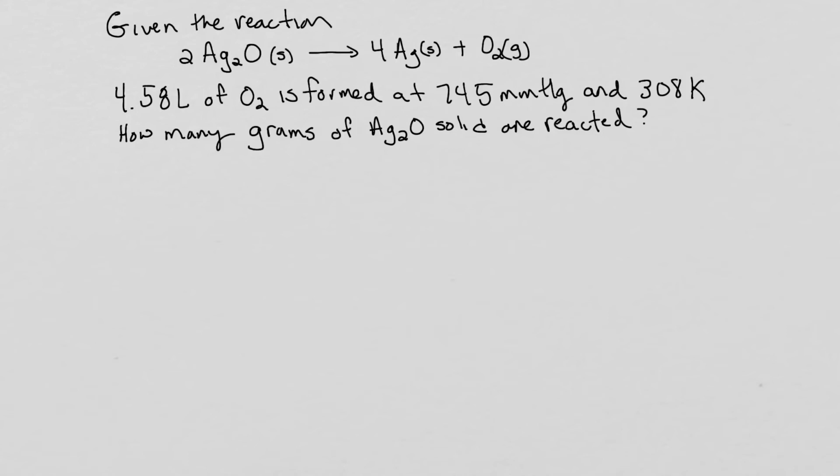So if we draw out our plan here, we're given the gas conditions. We're given volume, pressure, and temperature, so we're given PVT of O2, and we can then use that to get to moles of O2.